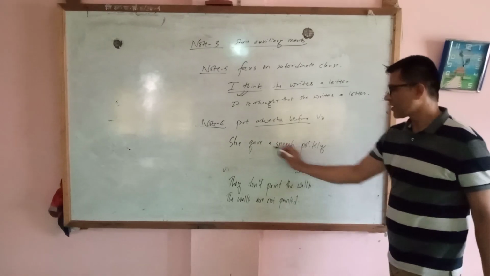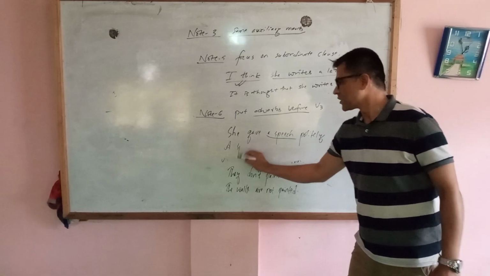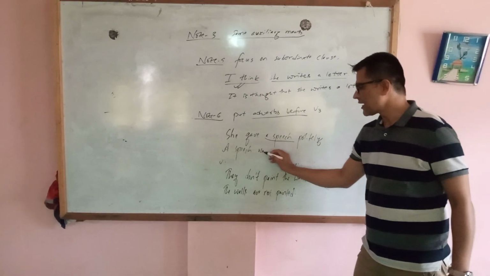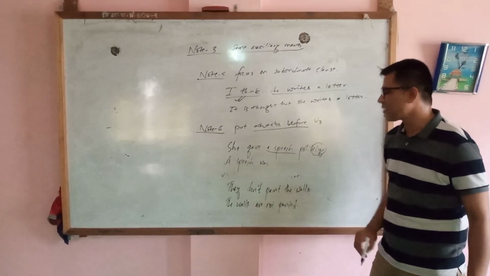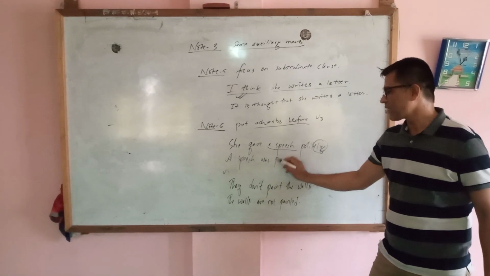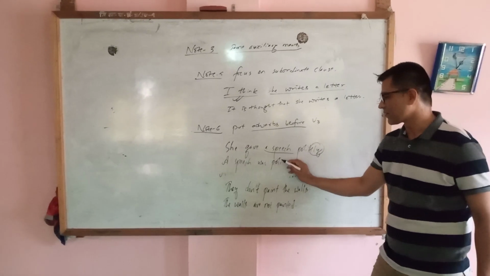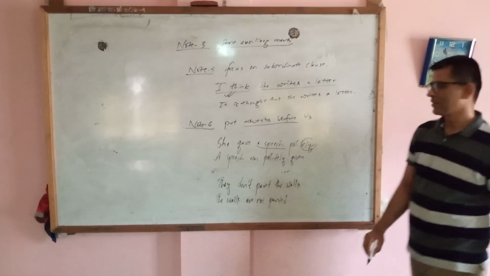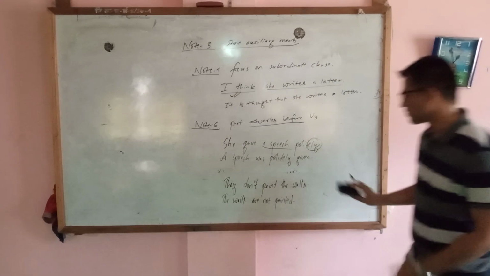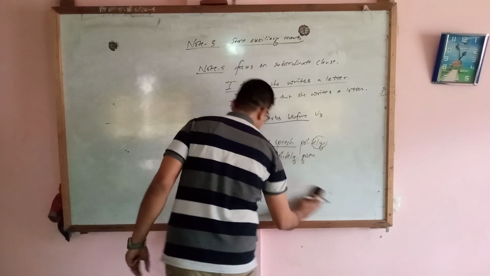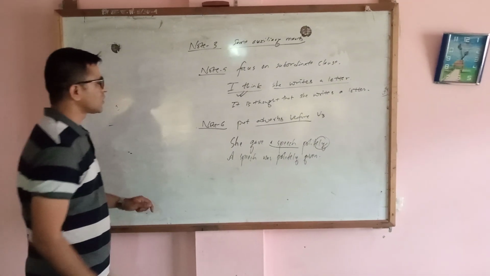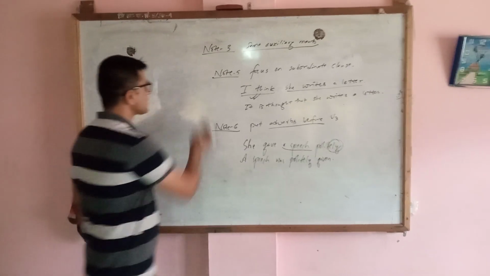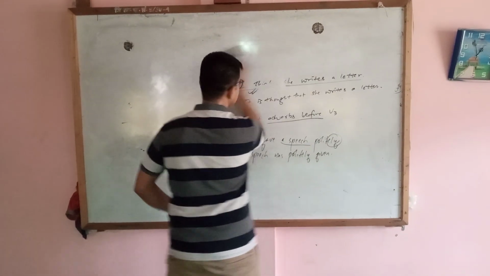And what is the object? A speech. If there is an adverb politely, before B3 you can write that one. A speech was politely given by her. That is another way. So now let's go to the next note.